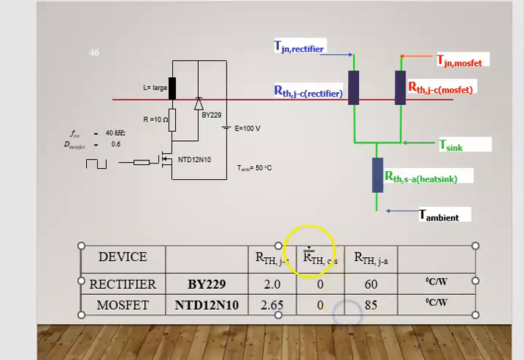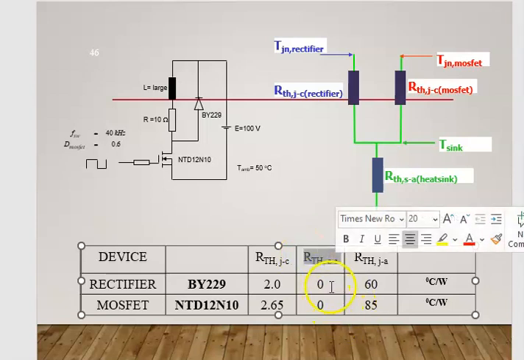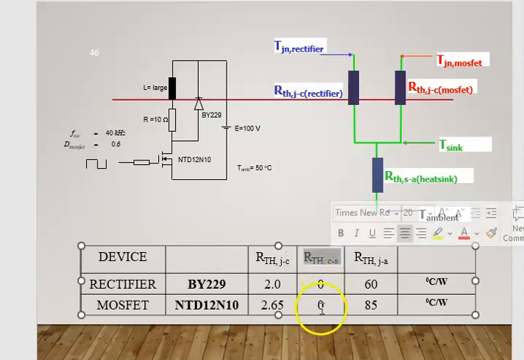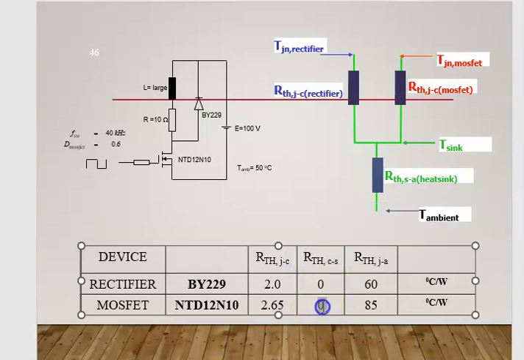But our thermal CS should be obtained from the manufacturer of the thermal paste or the thermal insulator. When we directly solder to the board or PCB, we have zero resistance here, meaning that the connection is in firm contact with the board. Okay, that's why zero resistance.